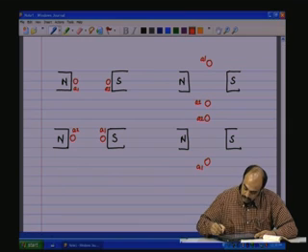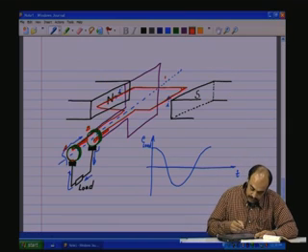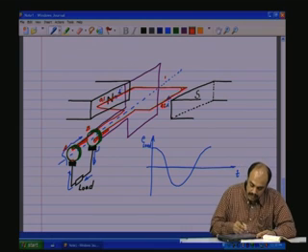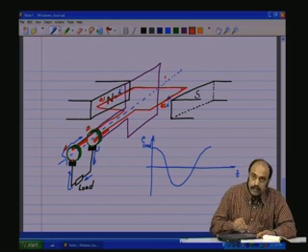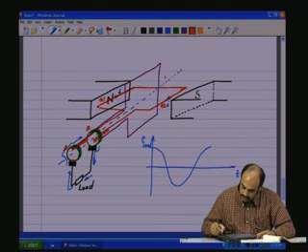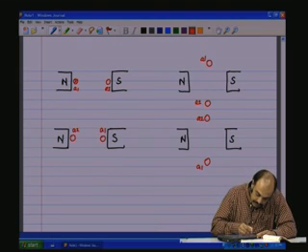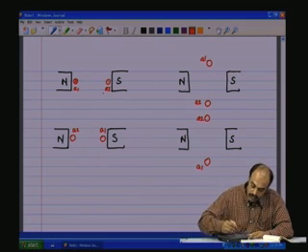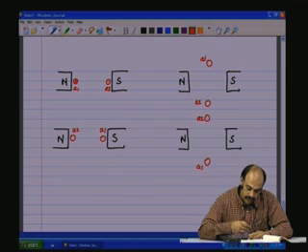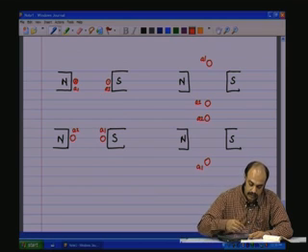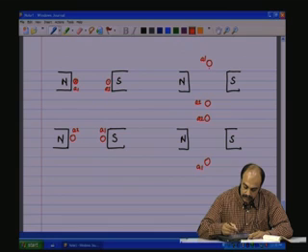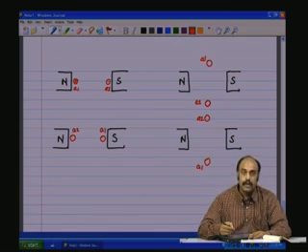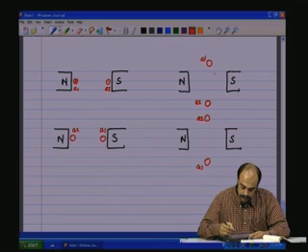So, if you look back to the previous figure, this is A1, this is A2, and the current going into the page, we are going to put the X mark like that, and coming out of the page is like this. So, as the coil has rotated 90 degrees, you will see that there is no current flowing in this position because the induced EMF is 0.